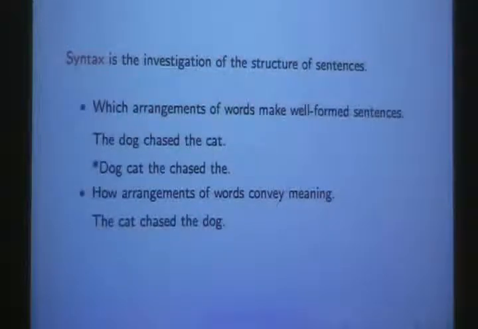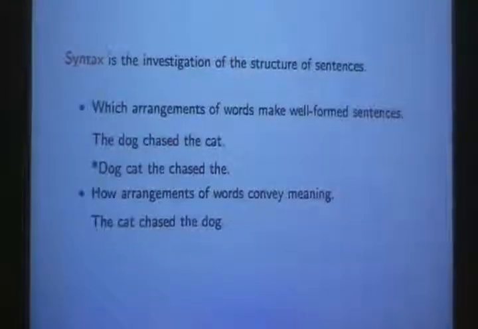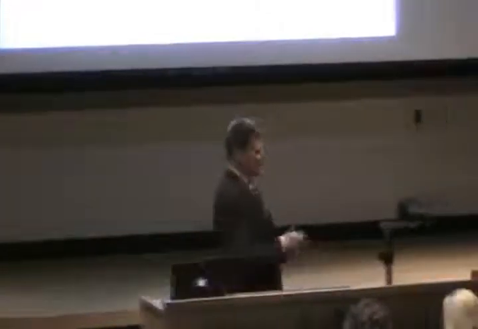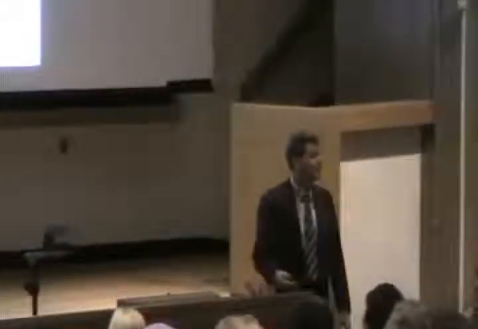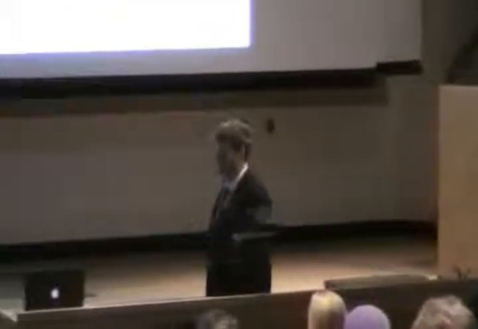In this case, we've got Fluffy and Fido, and in this case, we've got Tiger and Spot. Okay? So, two goals. How to characterize the arrangements of words that are sentences in English or some other language and which aren't. And then somehow to figure out how do those arrangements themselves mean something, convey meaning. Those are our goals. And we'll start with the first of those.